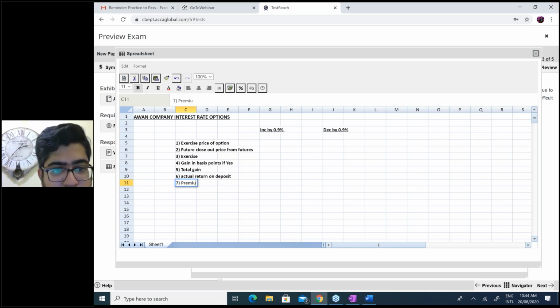Then premium payable. Finally, net cost of return. This will come to net return. And after that, effective interest rate.